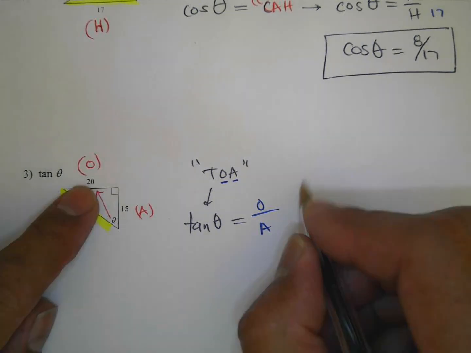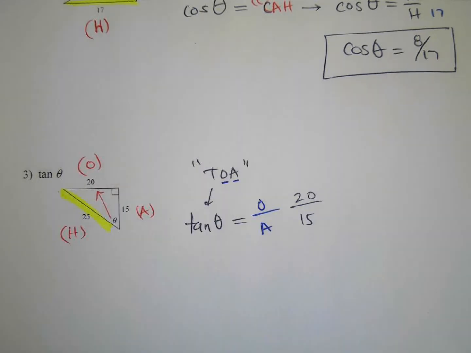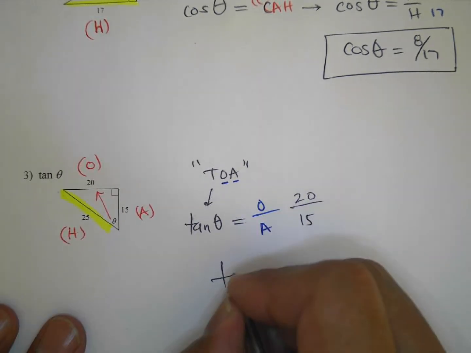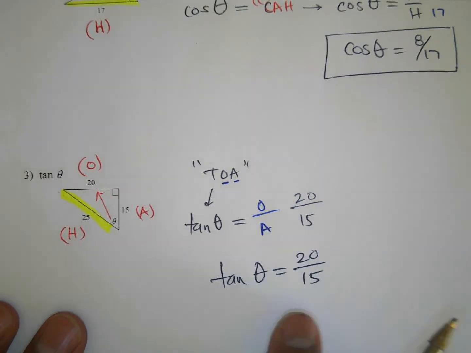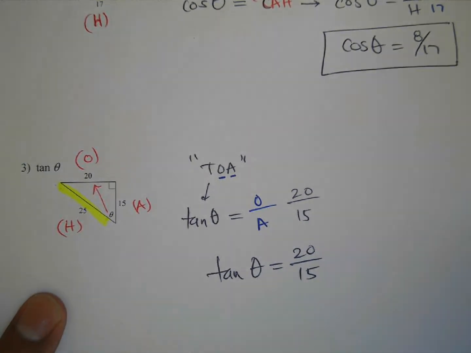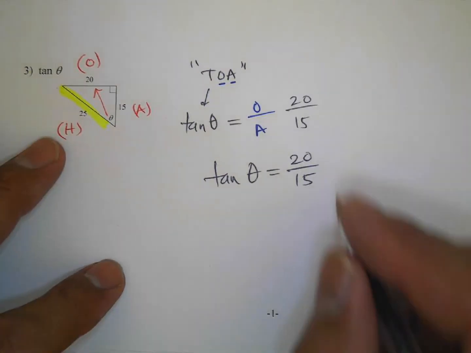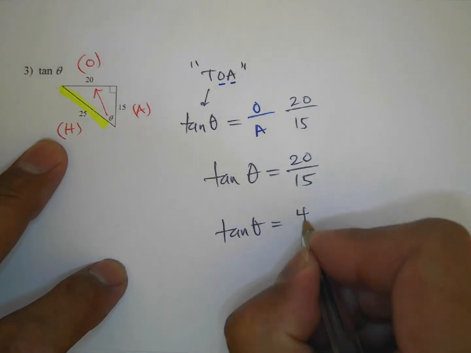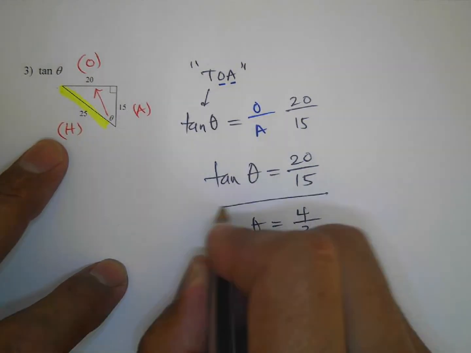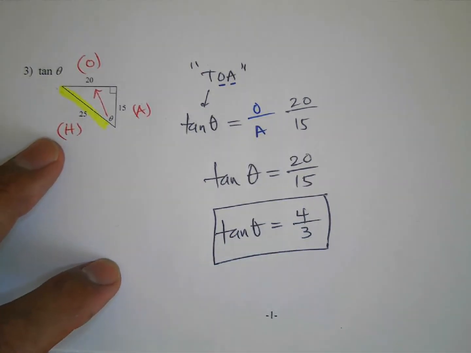And we have O to be 20 over A, which is 15. Well, 20 over 15 is correct, but it's not simplified, so you got to make sure you reduce. We can reduce by 5, right? So if we reduce by 5, 20 divided by 5 is 4, 15 divided by 5 is 3. There's the ratio for tangent.